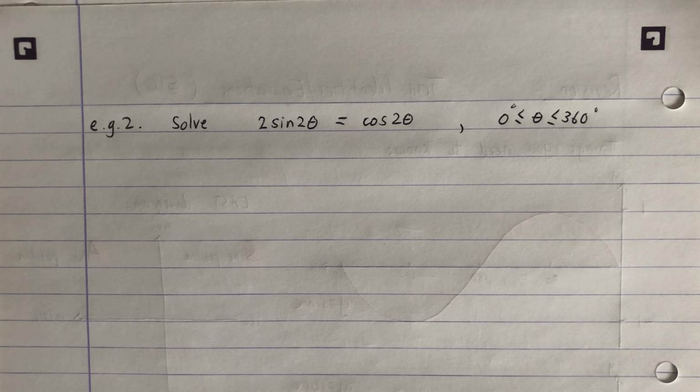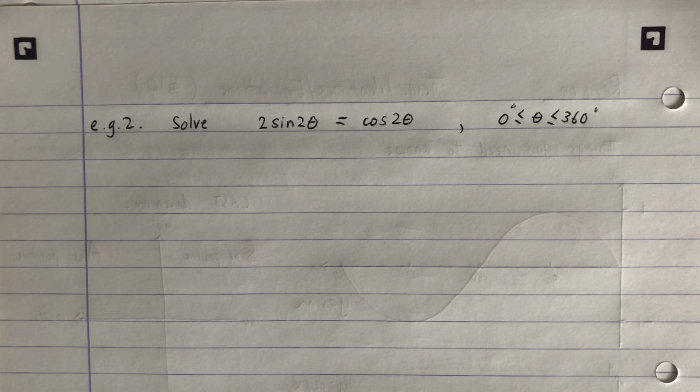Now when you're asked to solve a trig equation, your main objective is to try and get a single trig ratio. And this one has 2 of them. So there must be a way to reduce this to a single trig ratio by doing basic mathematical operations. And the only sensible thing to do is think about using those identities on the previous page.